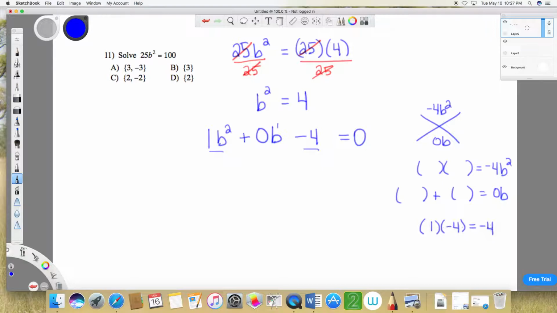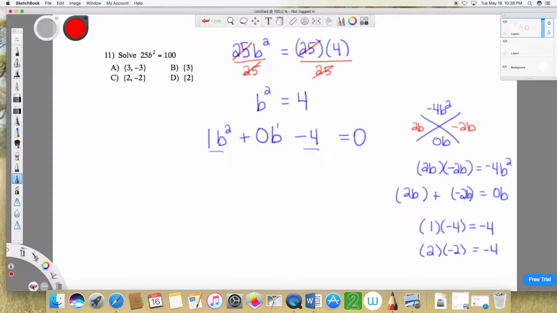These multiply together to give me negative 4, but they don't add to 0. Well, what about positive 2 and negative 2? That multiplies together to give me negative 4, and it adds together to give me 0. So if I have 2b times a negative 2b and 2b plus a negative 2b, it satisfies what I'm looking for. So I have found it in my X: 2b and negative 2b.